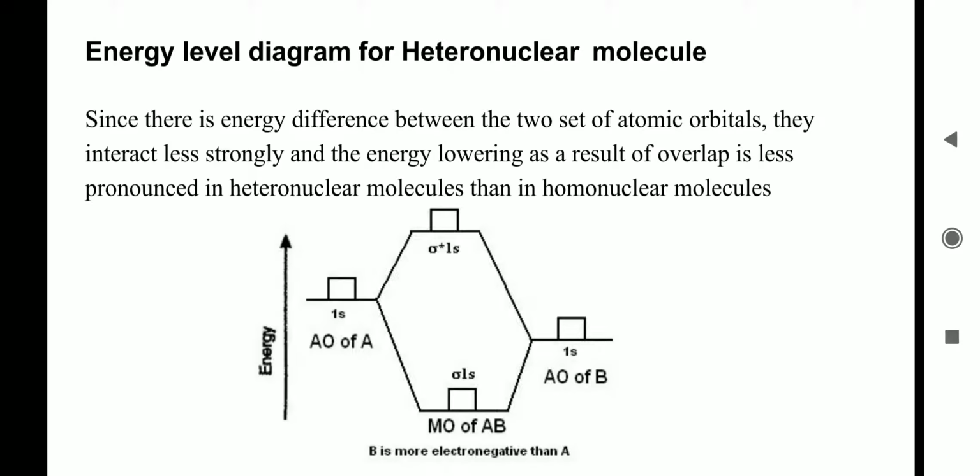Since there is an energy difference between these two sets of atomic orbitals, there is less strong interaction, or we can say less effective overlap, and hence heteronuclear molecules are a little weaker as compared to homonuclear molecules in terms of stability.